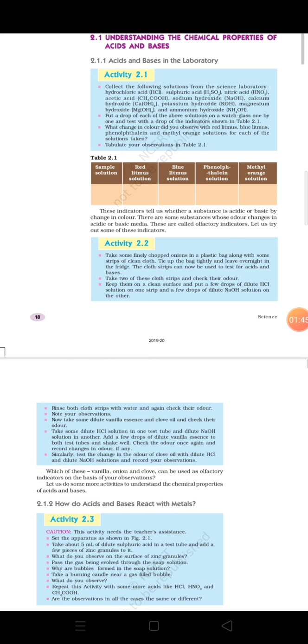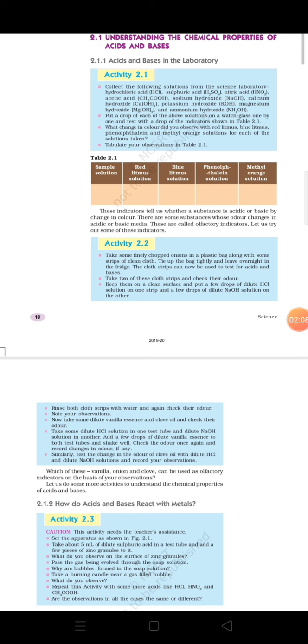So about the litmus, you already know, last time we discussed that litmus is a natural indicator. If it is in the form of paper, we call it litmus paper. If it is in the form of solution, we call it litmus solution. Both work in the same manner. So what you have to do, you have to take these solutions and first test them with the help of red litmus solution.